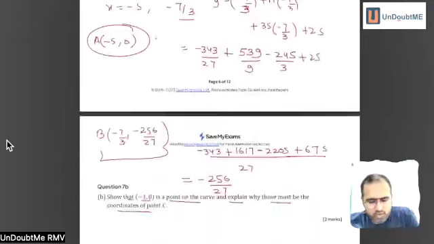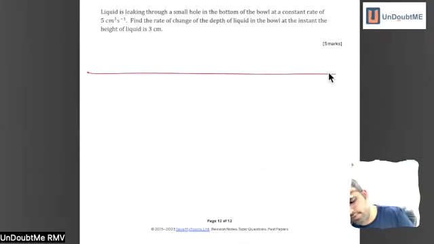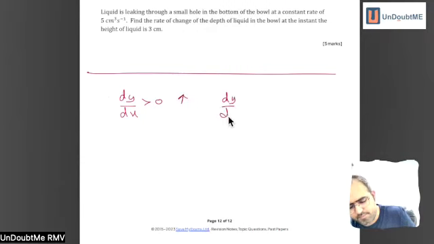So overall, let me quickly sum up what we have discussed. For practice, you should definitely try more questions from this particular worksheet, but still I'm giving you a summary. dy by dx, if it is greater than 0, the function is increasing. If it is less than 0, the function is decreasing.